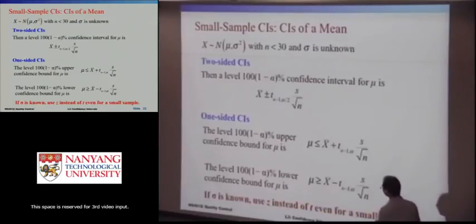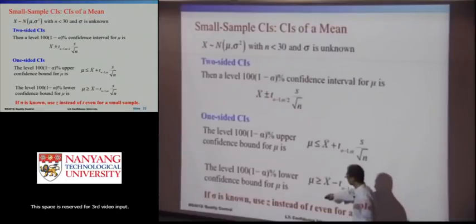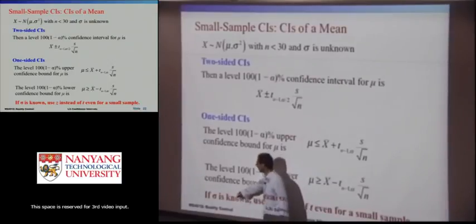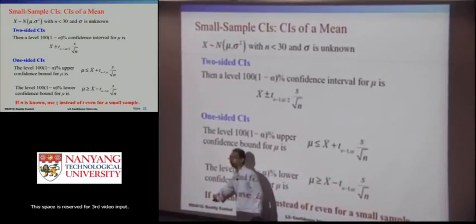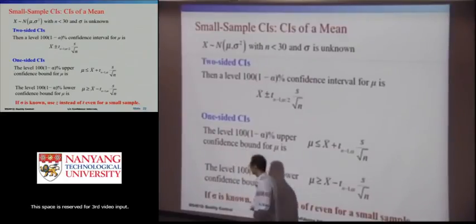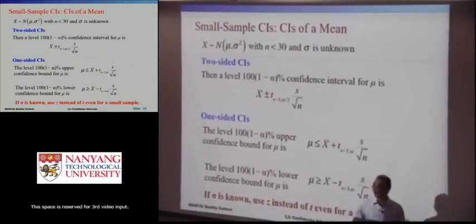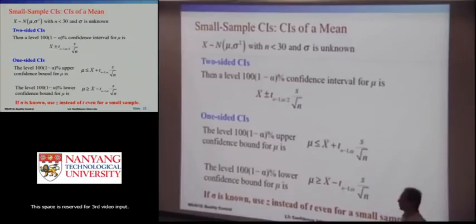If we don't know the sigma value, we use this student t. But if we know the value of sigma, the standard deviation of the population, we should use a Z table instead of a t table, even if it's a small sample.